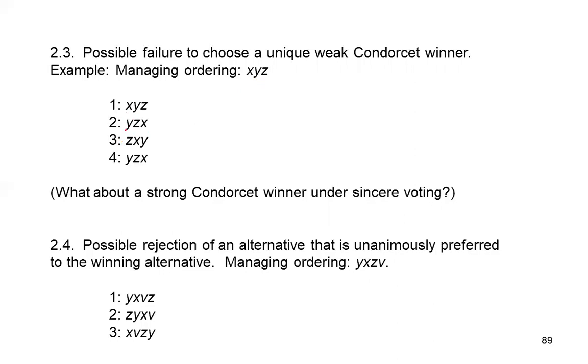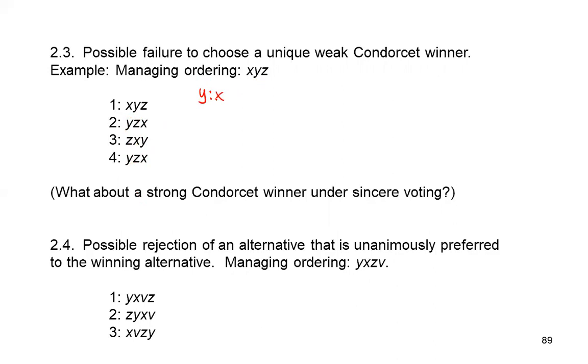We have X Y, Y X, X Y, Y X. Here there is a tie. And now X Z, Z X, Z X, Z X. So Z beats X. And now Z against Y: Z Y, Y Z, Y Z, Z Y, Y Z.